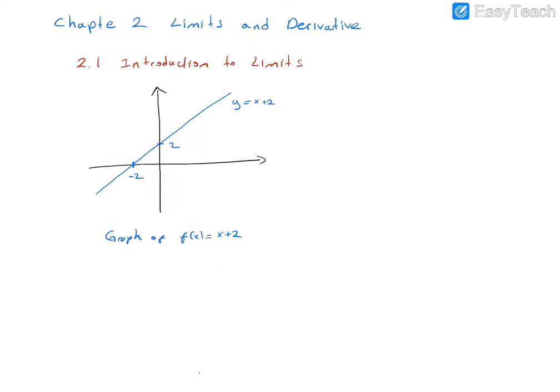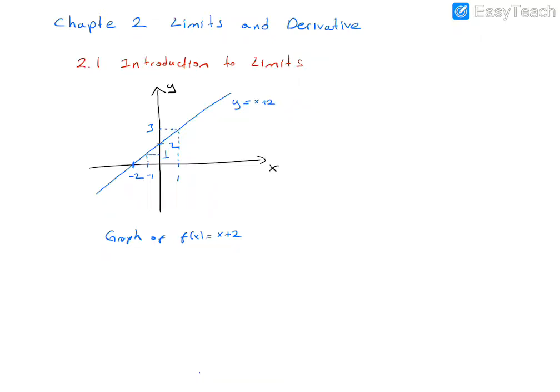From here you can see several things. Actually we know that. For example, when x equals 0, y is 2. When y is 0, x is minus 2, etc. For other values, for example, when x equals 1, you can find the y value as 3, or when x equals -1, the y value is 1.